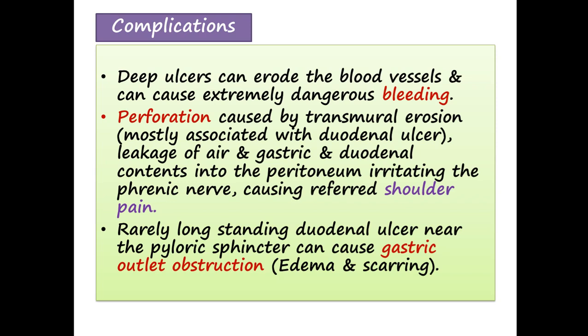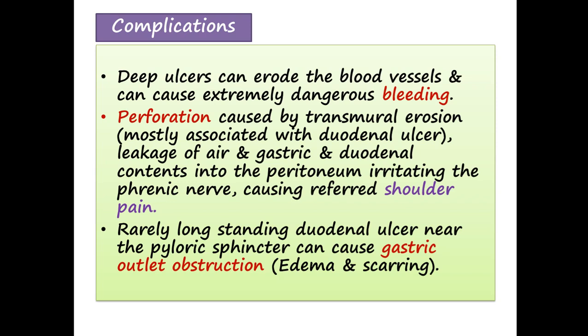But the deep ulcers are very dangerous because they can erode the gastric or duodenal wall, and if they erode a blood vessel, particularly an artery, this can result in extremely dangerous bleeding, and the patient will present as a medical or surgical emergency.